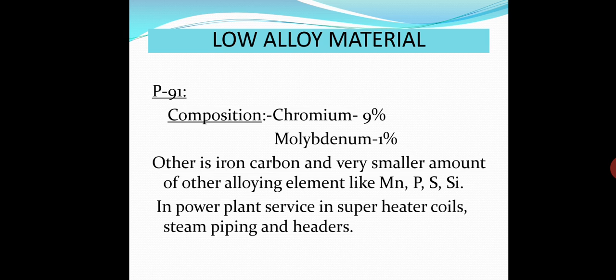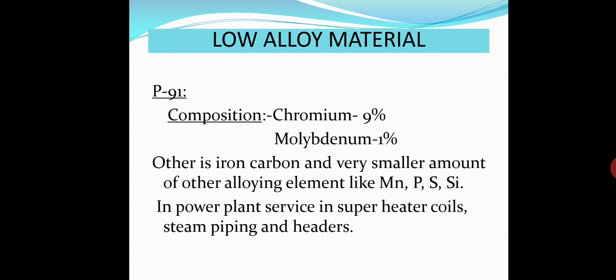Next we will discuss low alloy materials. The percentage of alloying element is comparatively low. One is P91. P91 is highly used in thermal power plants. Its composition is chromium 9%, molybdenum 1%, the rest is iron and carbon, and very small amounts of manganese, phosphorus, silicon and sulfur.